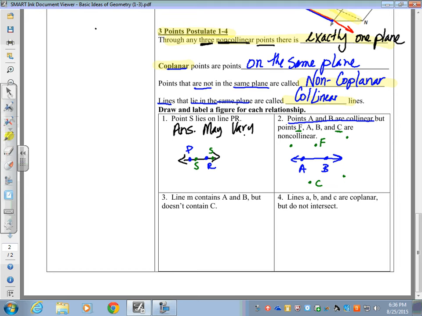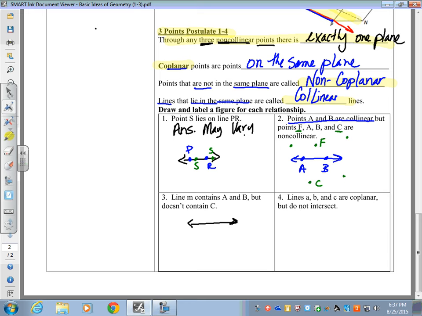So try number 3. Line m contains A and B, but does not contain C. Remember what a capital letter represents? Remember what the subscript represents? So that we have the correct figure drawn. We needed a line, so you should have arrows.